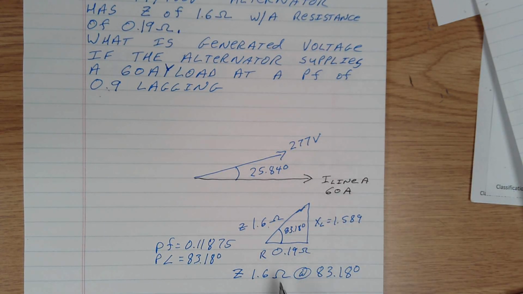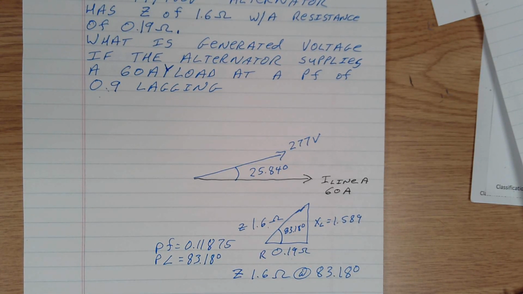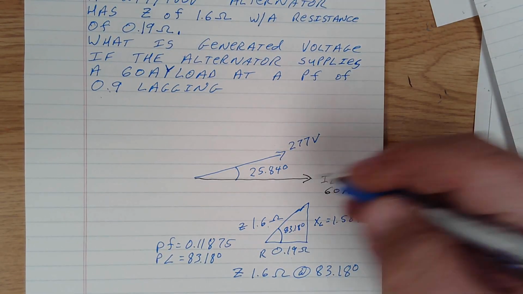Okay, our volt drop due to our impedance: we take our 60 amps of current multiplied by our 1.6 ohms of impedance, which gives us 96 volts, and it's going to happen at 83.18 degrees.